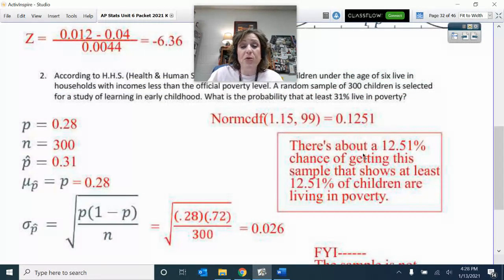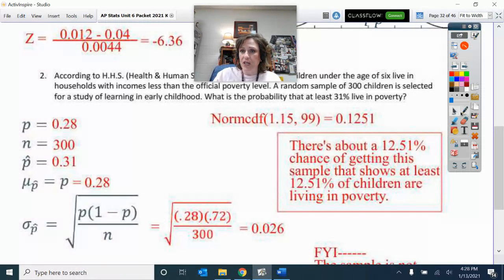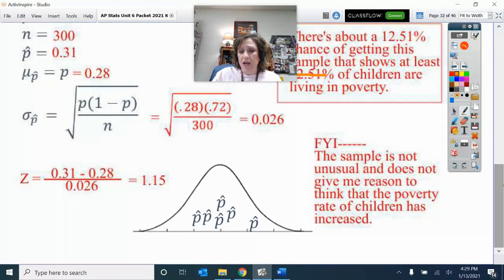And so about 12.5% of samples would show at least 31% of children living in poverty. I wrote FYI: this sample does not indicate unusual or give me reason to think the poverty rate overall has increased.